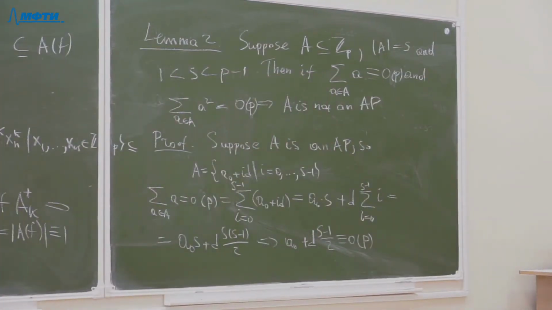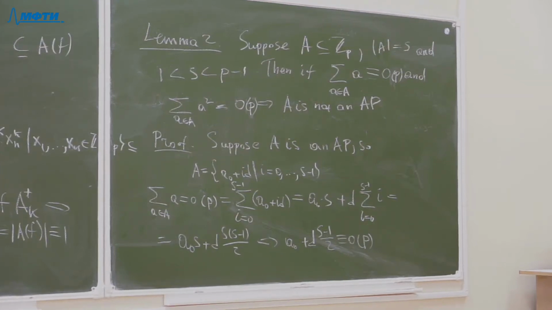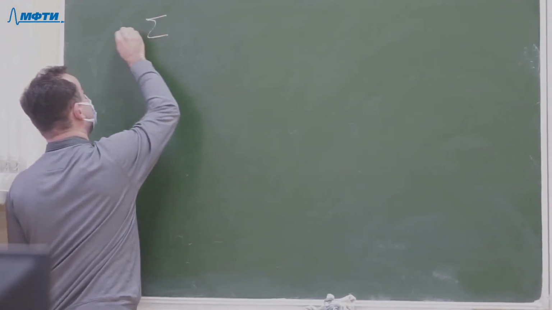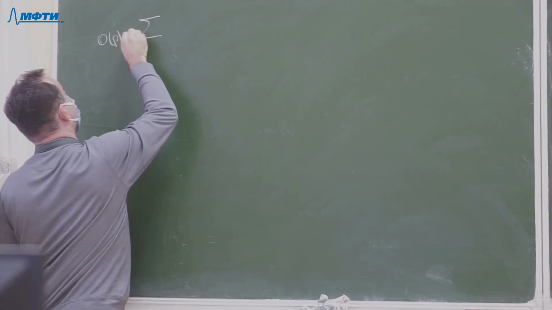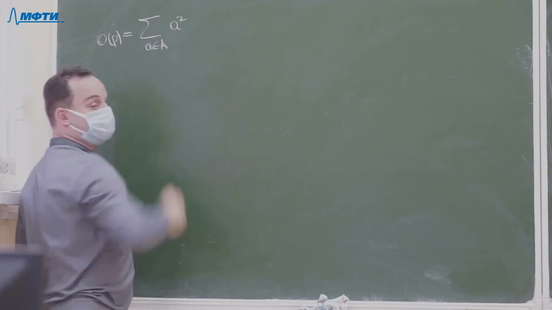Next. Good. Now, the sum of squares is 0 modulo p, which is equal to the sum of a inside A of a square.